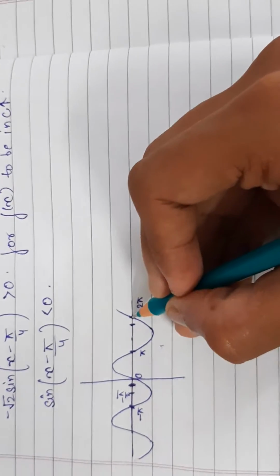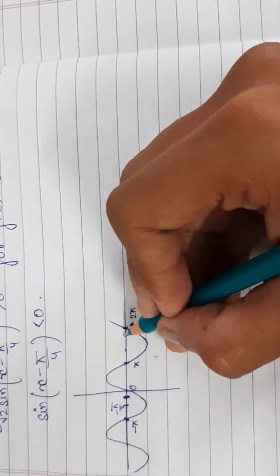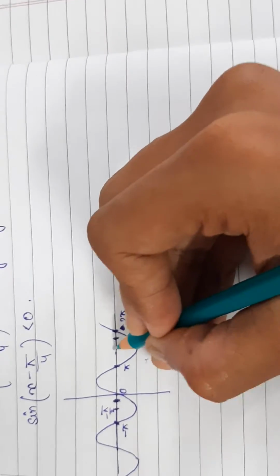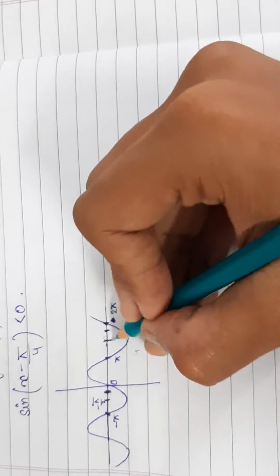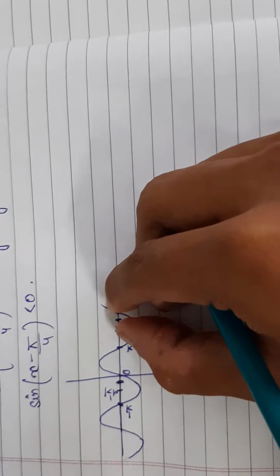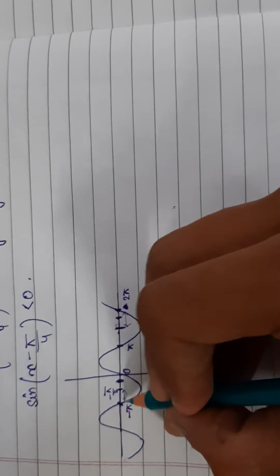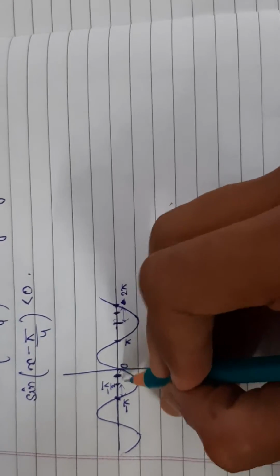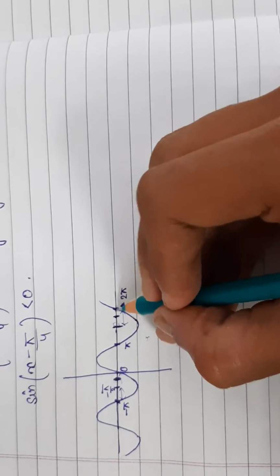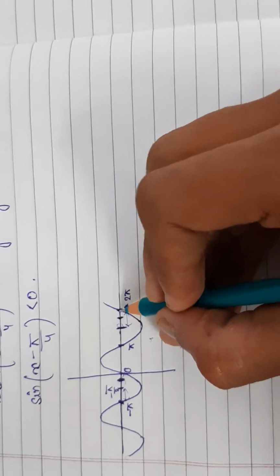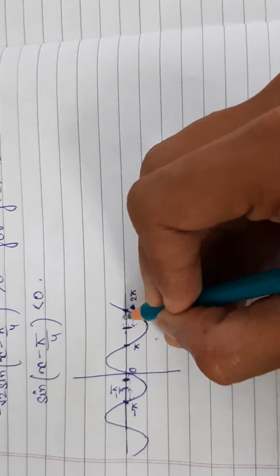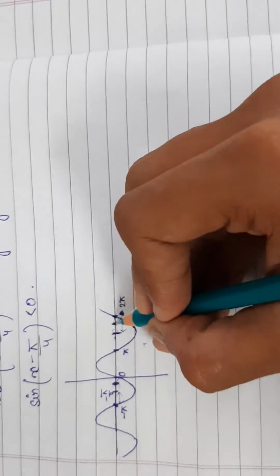7 pi by 4 is 2 pi minus pi by 4, so it will be somewhere over here, because here it will be 2 pi minus pi by 2. As we know, this gap is pi by 2, this gap is pi by 2, and if we subtract only pi by 4, which is half of pi by 2, we reach here, which is 7 pi by 4.